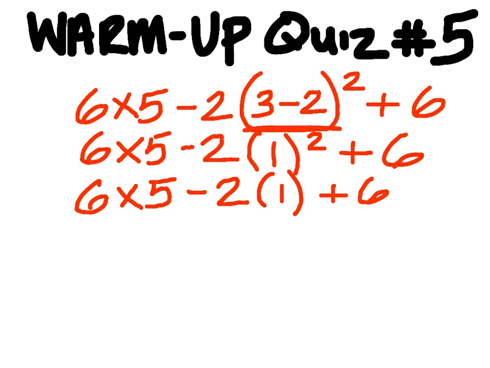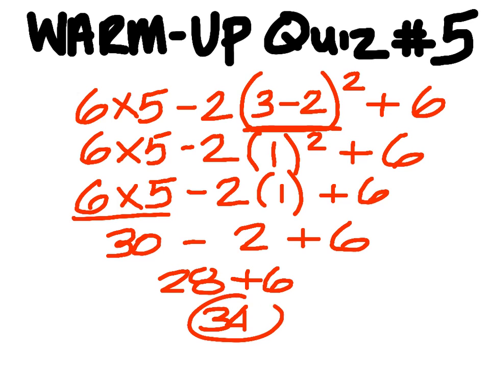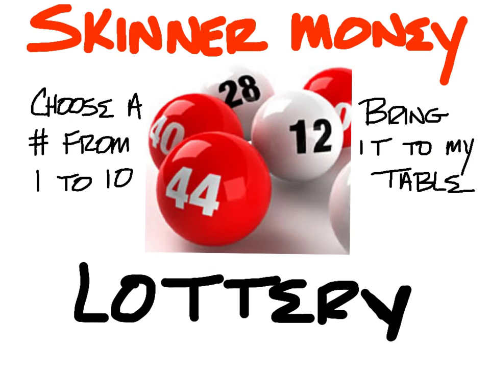And then go back and do your multiplications. 6 times 5 is 30. And 2 times 1 is 2. And then the 6. 3 minus 2 is 28. Plus 6 is 34.